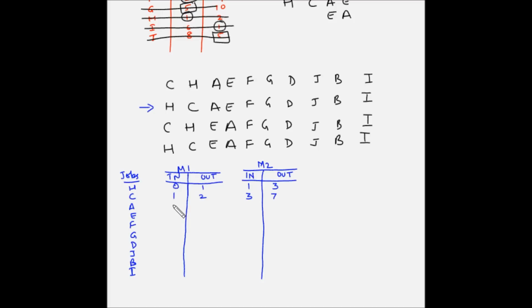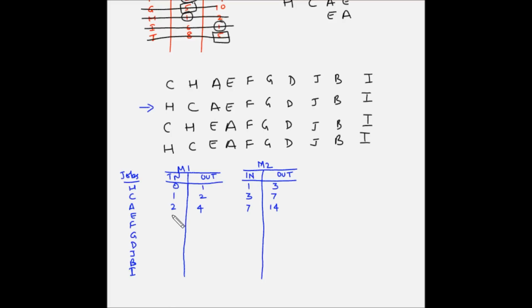A can go in on the second hour, and it takes 2 hours, so out on 4. Now A can go into M2 at the 7th hour, and it takes 7 hours to be processed, so it will be out on the 14th hour.